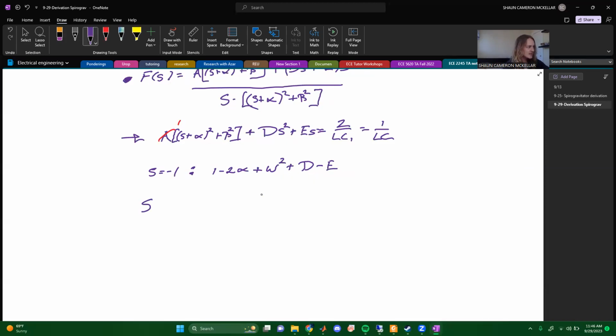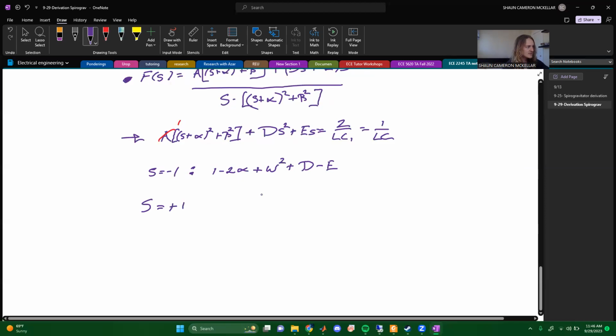Let's try another one. S equals +1 and see what this gets us. Here I'm going to have +1 plus 2 alpha plus omega squared plus D plus E. And I'm going to call these equations 1 and 2.